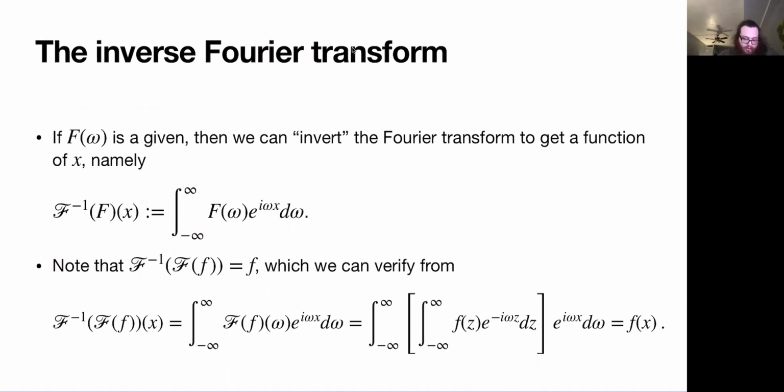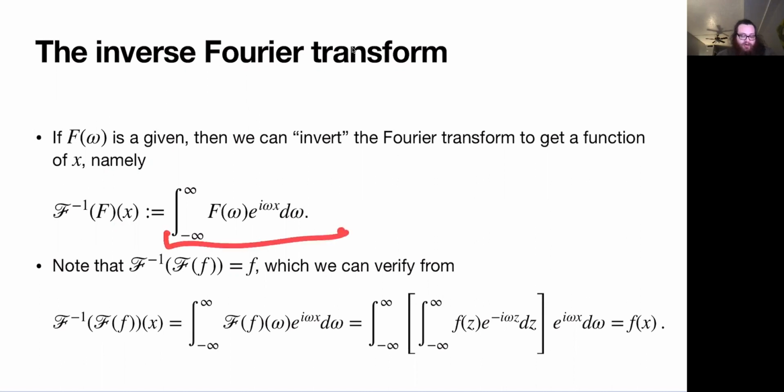Okay. And so here we're assuming that F is a function of omega. And what we're going to do is define the inverse Fourier transform as this calligraphic F inverse applied to our function of omega, capital F. If we want to go from omega to x, we want this whole thing to be a function of x in the end. And so that's this argument x. But what is this operation, F to the -1 of F?